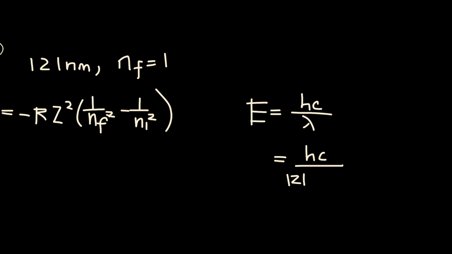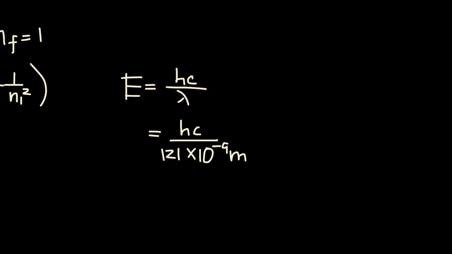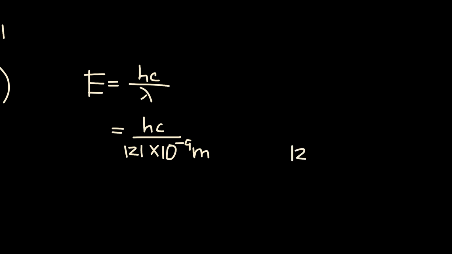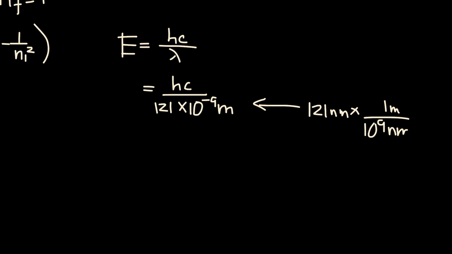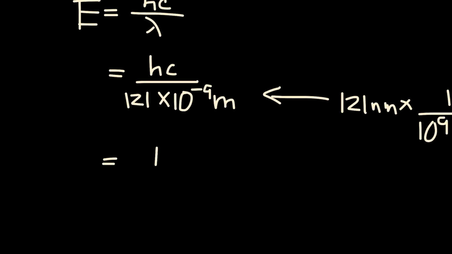So we're going to convert this, times 10 to the negative 9 meters, because you need 10 to the 9 nanometers to get 1 meter. In short, the energy is going to be around 1.64 times 10 to the negative 18 joules.